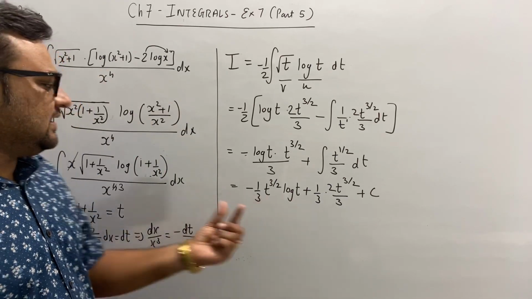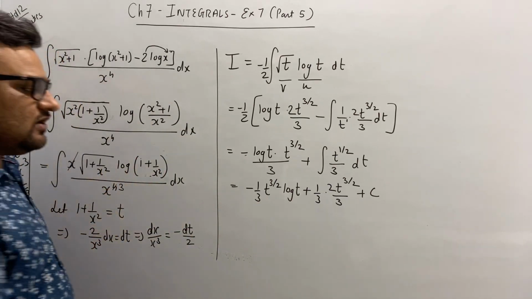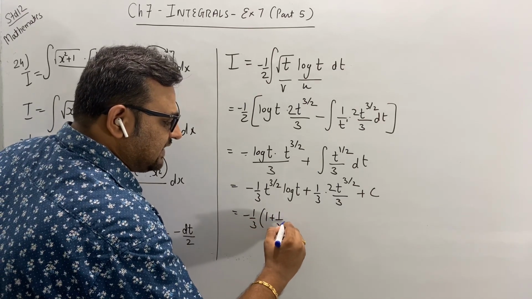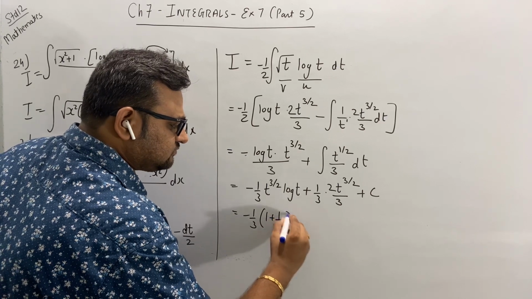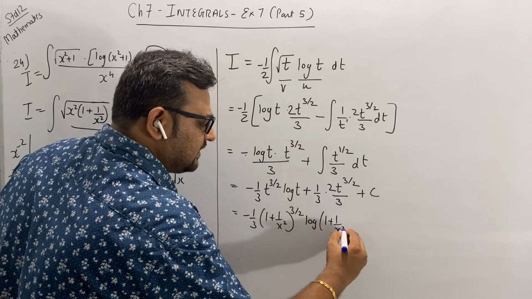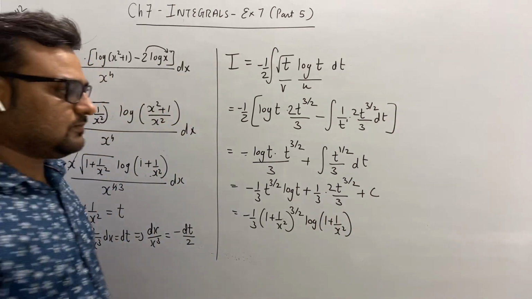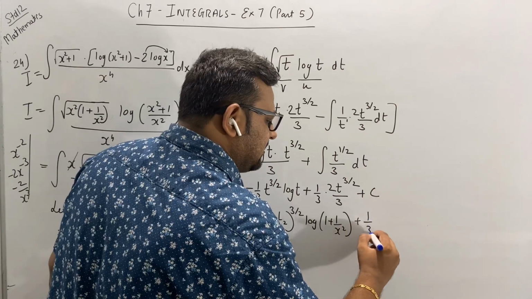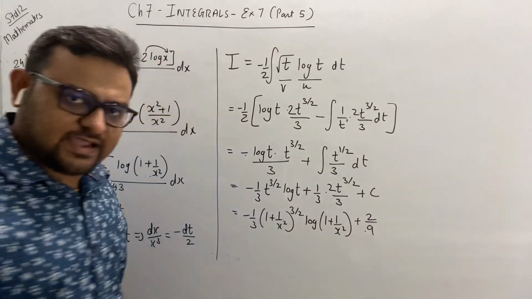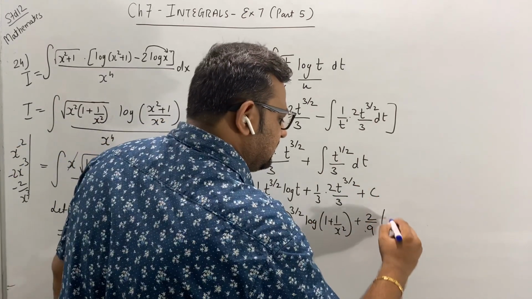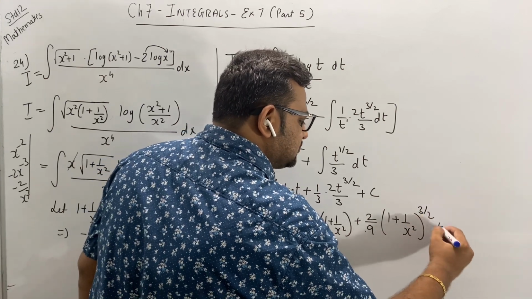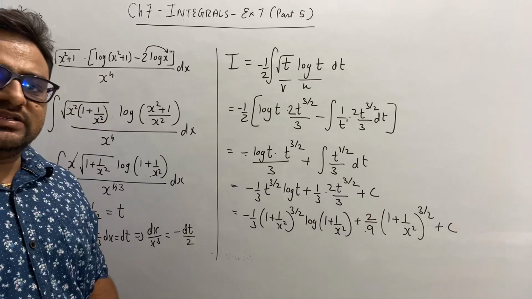Now it's time to replace the value of t as 1 plus 1 by x square. So minus 1 by 3, (1 plus 1 by x square) raised to 3 by 2 log (1 plus 1 by x square) plus, sorry, 2 by 9, (1 plus 1 by x square) whole raised to 3 by 2, plus c.